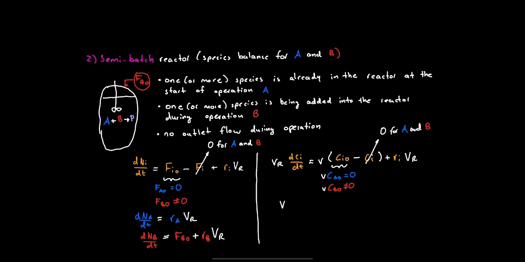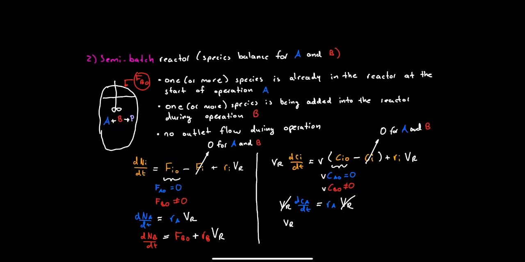So for our species A, the reactor volume times the change of the concentration of the species A with respect to time is going to be equal to the reaction rate of the species A times the volume of the reactor. These two cancel out and we end up with the same expression as the batch reactor.